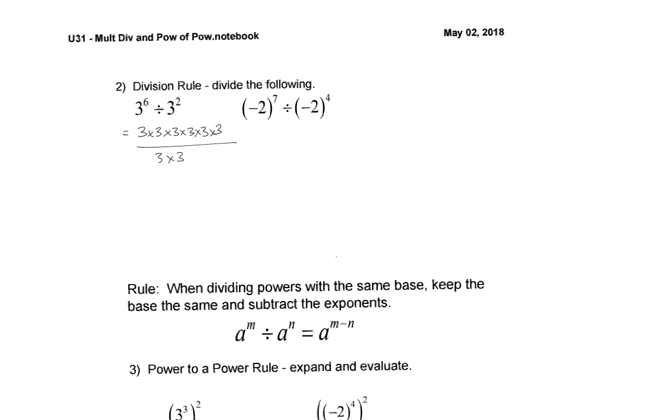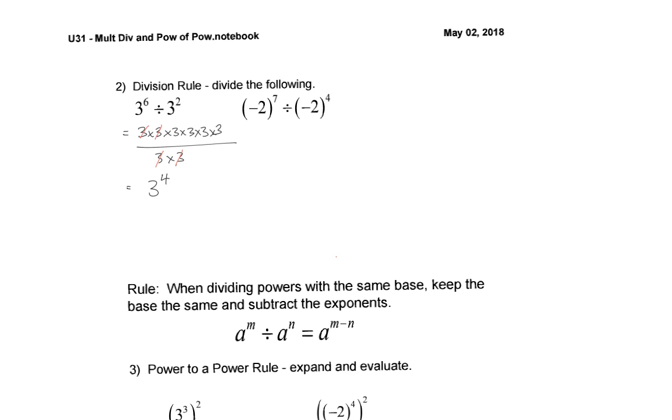And what you'll notice is that we can cancel out 3's from the top and the bottom. By doing so, that only leaves us with 3 to the exponent 4, because there are exactly 4 3's left.